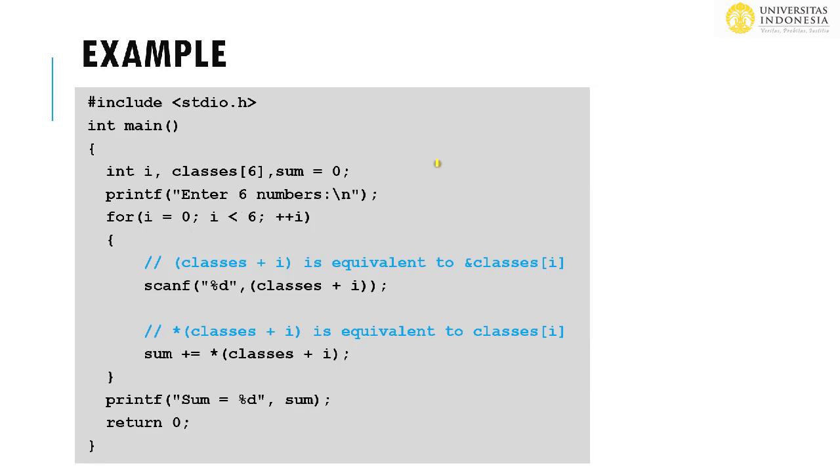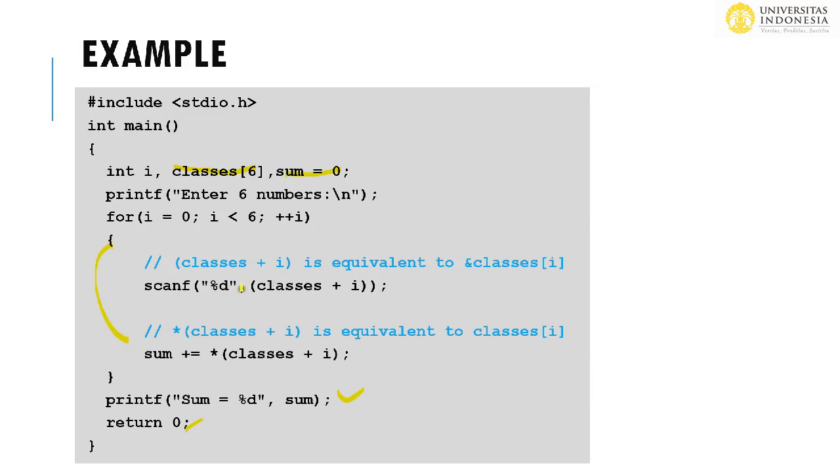So the example shows that you have classes, an array of integer. It has 6 elements. The sum is 0. So this program is quite simple, just summing all the elements in the array and printing the sum at the end of the program. Okay, so this is the looping here.